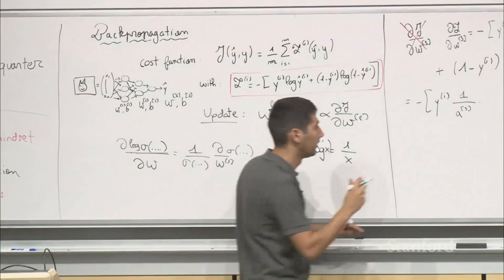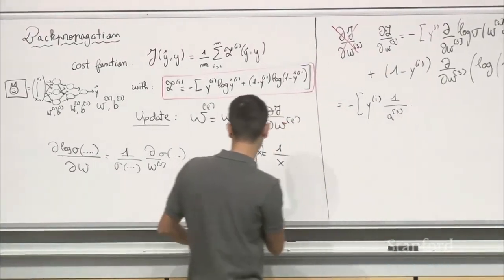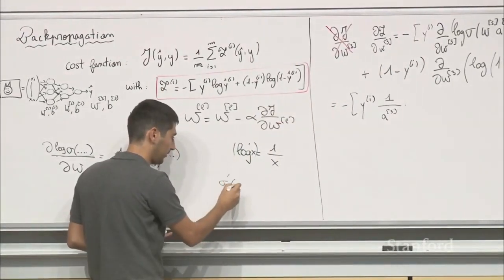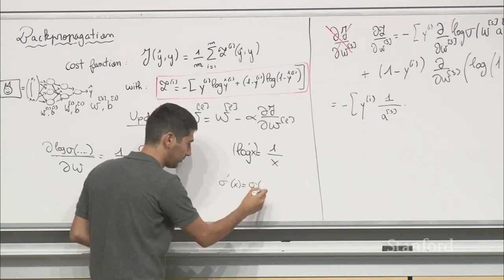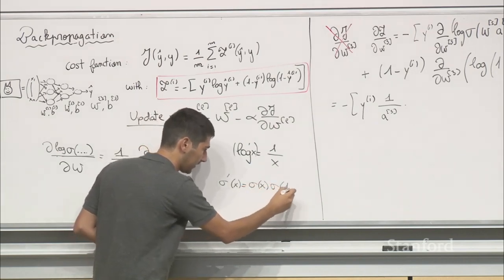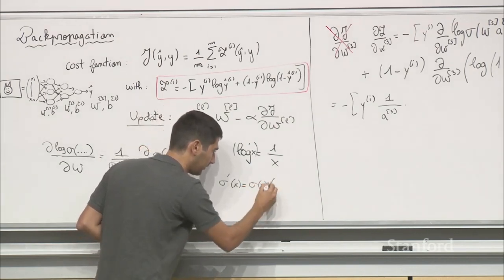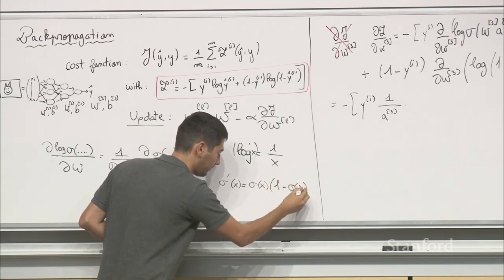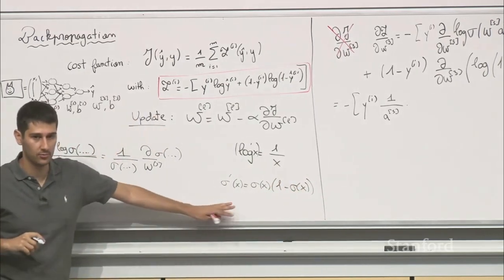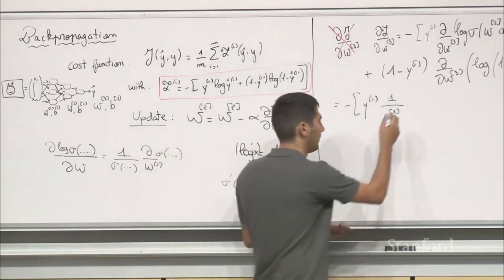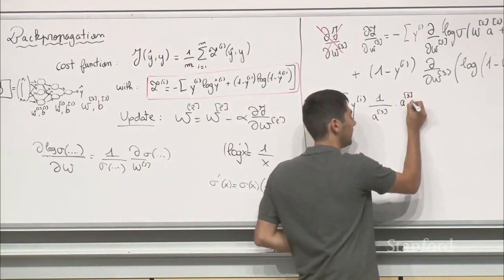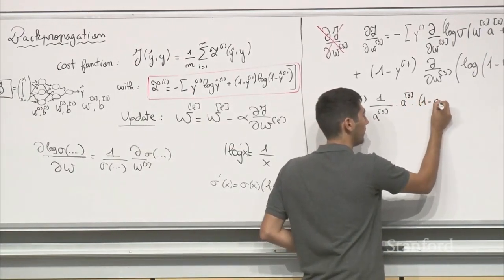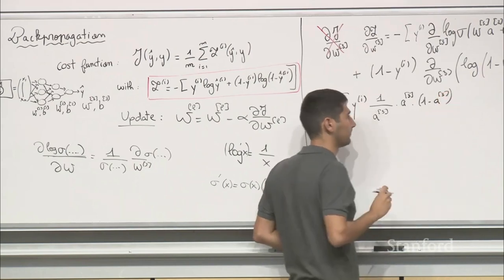That's what we're using here. So the derivative sigmoid prime of x is actually pretty easy to compute. It is sigmoid of x times 1 minus sigmoid of x. Okay, so I'm just going to take the derivative. It's going to give me A3 times 1 minus A3.